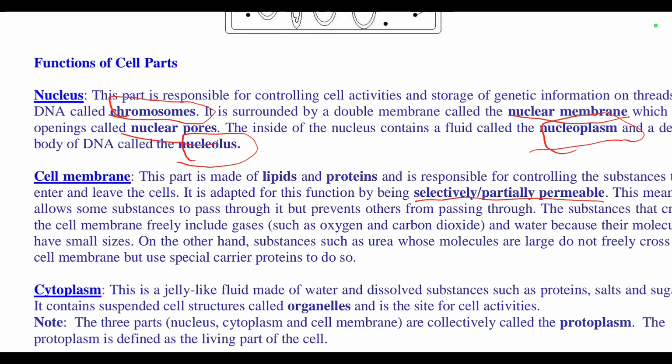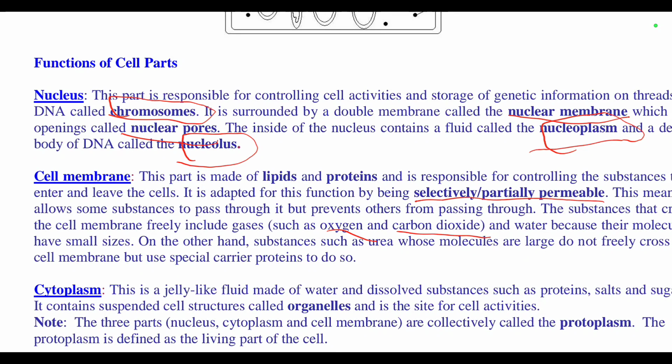Selectively or partially permeable. This means it allows some substances to pass through it, but prevents others from passing through. The substances that cross the cell membrane freely include gases such as what? Oxygen and carbon dioxide.